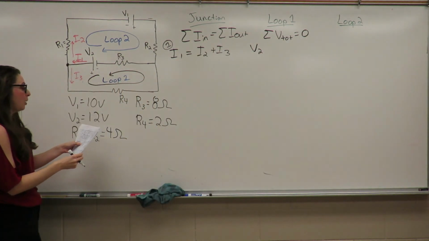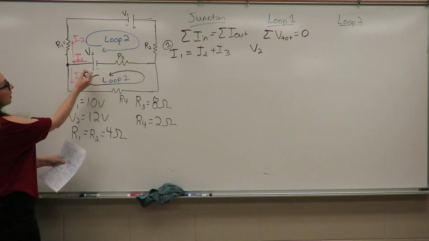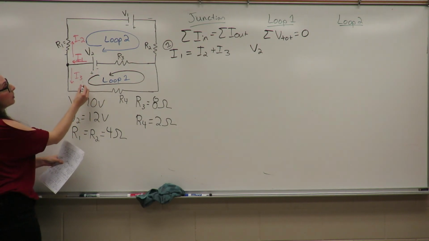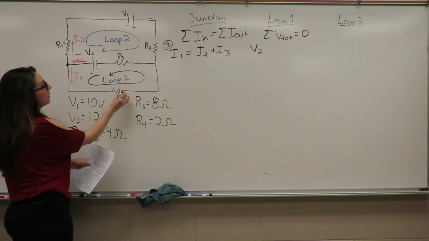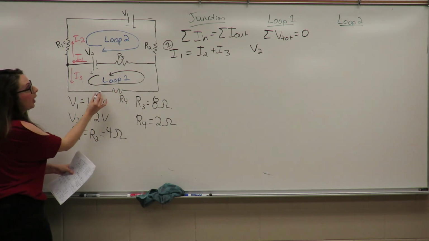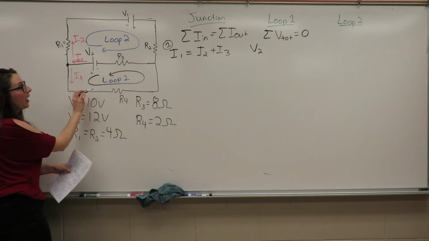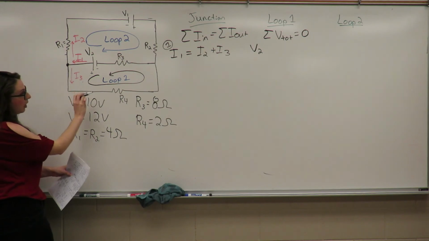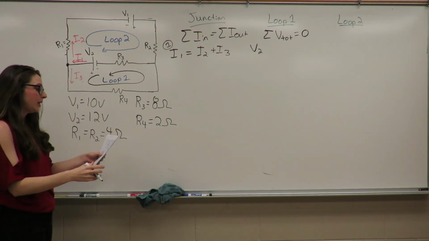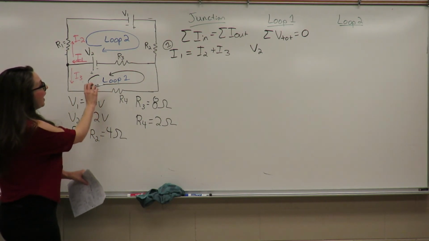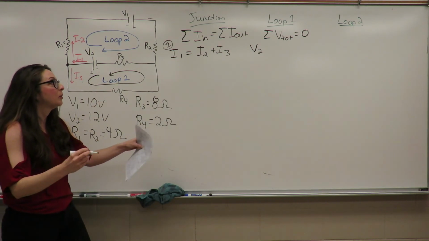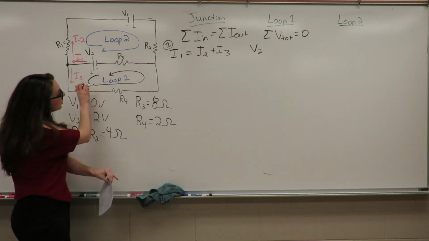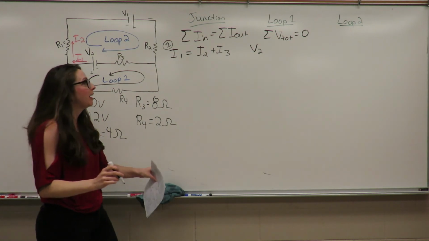And now I'm going to go around my loop in this direction, and then I'm going to encounter here resistor 4. And as I cross through resistor 4 in the direction of my current I3, I'm decreasing my potential. And as I decrease my potential, I'm going to refer to that as a negative value for my potential as we go across through here, since we're decreasing that potential.